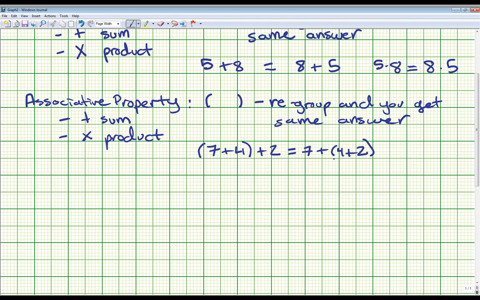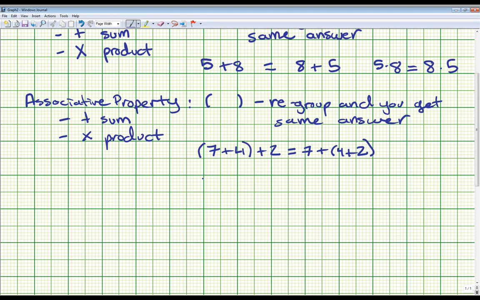That would give me the same exact answer. So 7 plus 4 is 11, plus 2 more is 13. Then over here, if I did 4 plus 2, that'd be 6, plus 7, that's 13. So it doesn't matter where you group the parentheses when you're doing this sum.